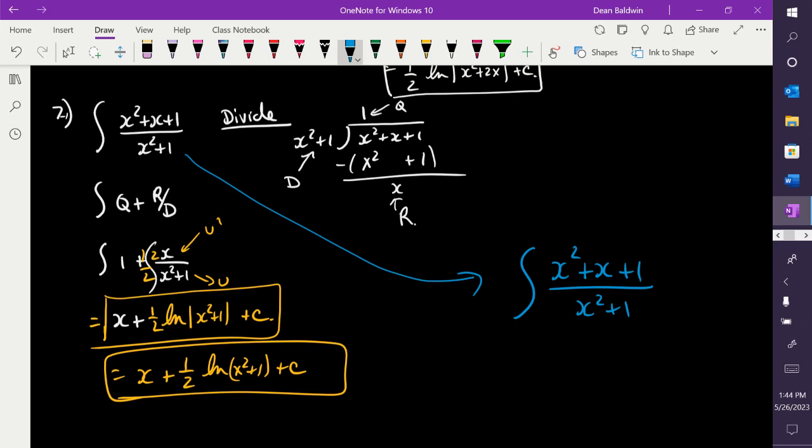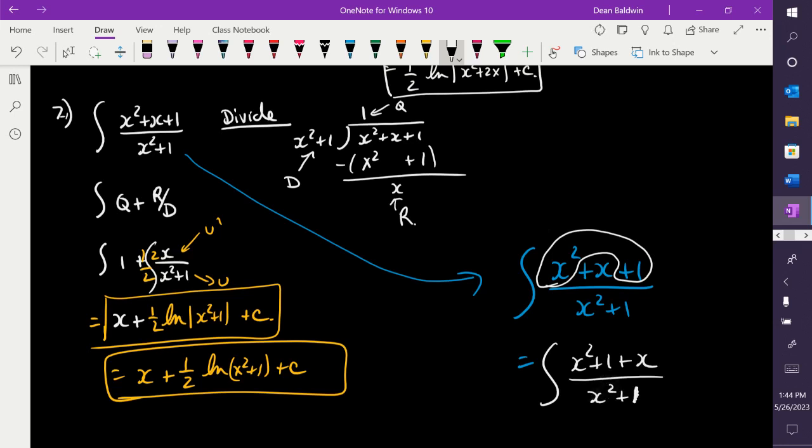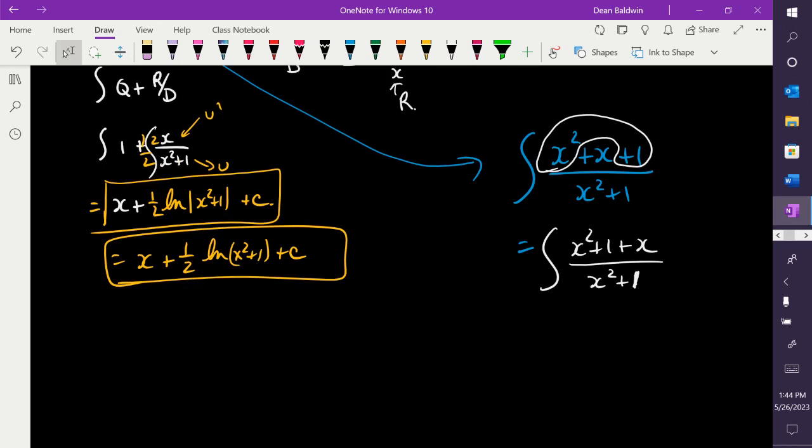Watch. I can rewrite this integral as x squared plus 1 plus x over x squared plus 1. Now, look, the x squared plus 1 on top and the x squared plus 1 on the bottom, if I write those over top of one another, they would just disappear to 1. So I can do this.